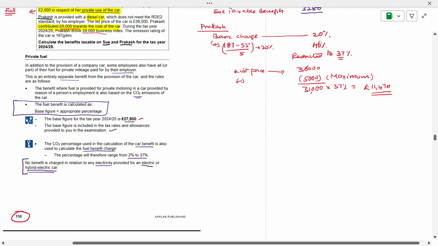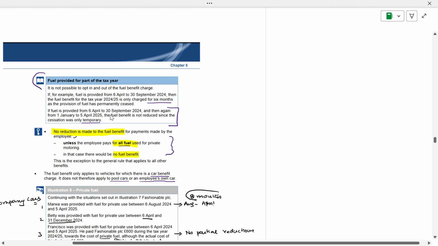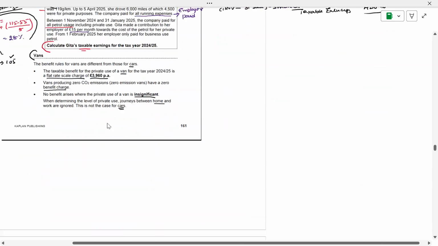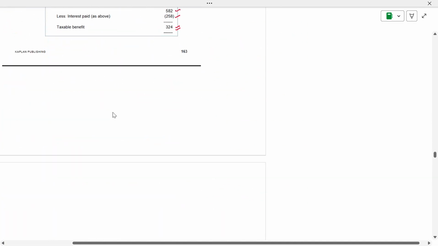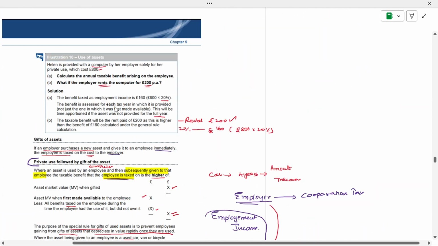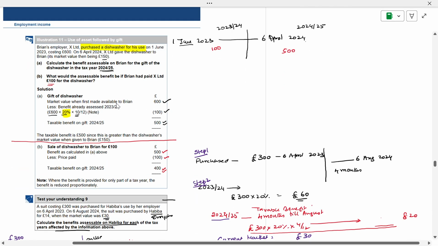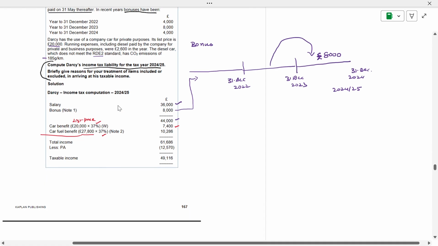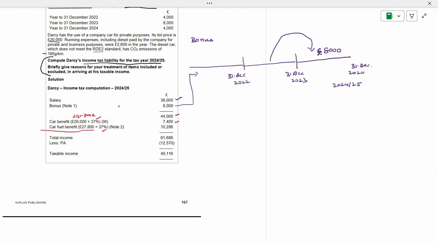Write down page number 158. I will give you the references so that you will not miss anything. If one thing is missed, that is the problem. This is page number 158.